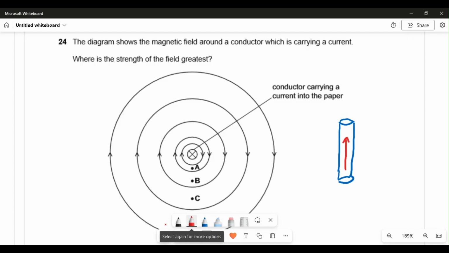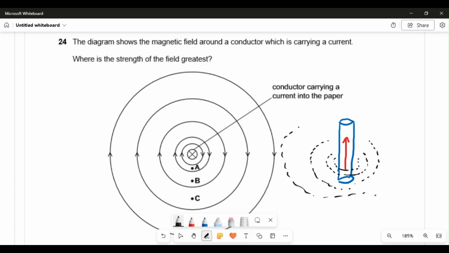It also depends on the distance from the conductor. If you experience this closer to the conductor, it will be stronger, and if you are farther from the conductor, it will be weaker. So here it will be stronger as compared to there.